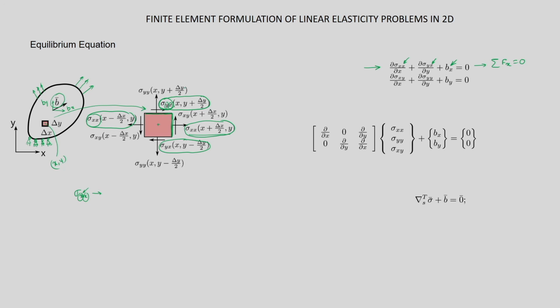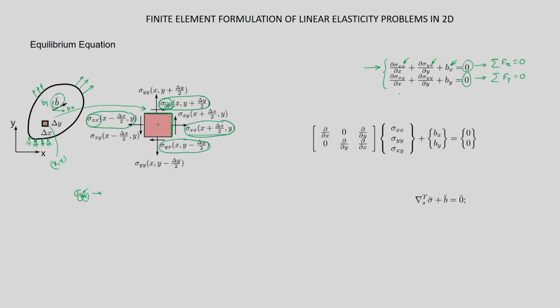Similarly, if we consider the force equilibrium of the body in the y direction, we will get the second equation as delta x delta y tends to 0. So these are the differential equations that have to be satisfied at every point of the body. Alright. And the right hand side is 0 because we are considering the static case, otherwise we would have to add the mass times acceleration term.